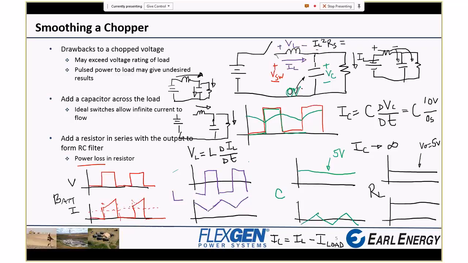You know, it's a trapezoid, it kind of works out. I'll spare you that math. So you end up with these 1 amp pulses, and you take the average of a 1 amp pulse, you end up with about half an amp, since this is a 2-to-1 ratio here. So the battery current is reduced. So here, let's say this another way.